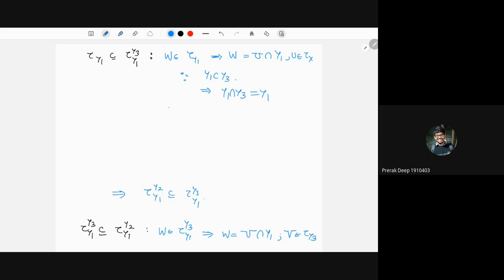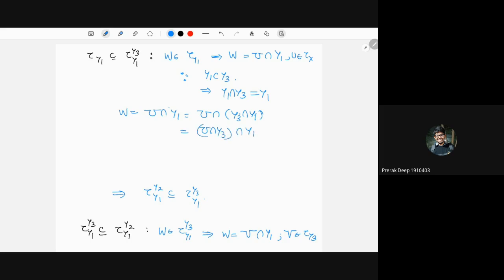So we can rewrite y1 as y1 intersection y3. And then set intersections are associative in nature, so you can consider this intersection and this.